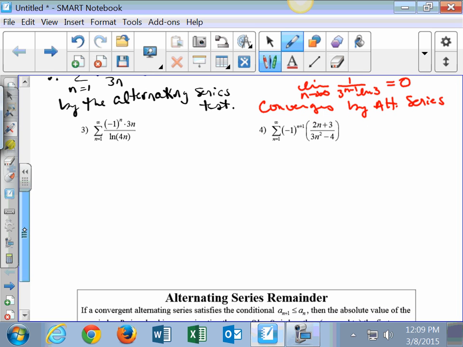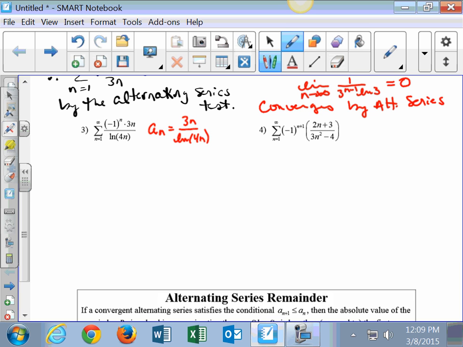Okay, looking at number 3. So if I look at number 3, I would say, okay, ignoring the alternating term, I see it's alternating. I am going to look at this and say a sub n is going to be equal to 3n all over natural log of 4n.